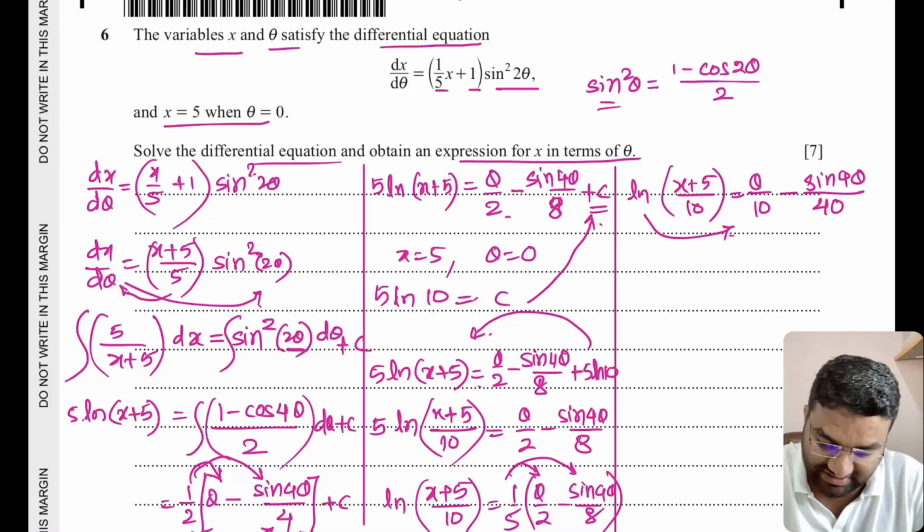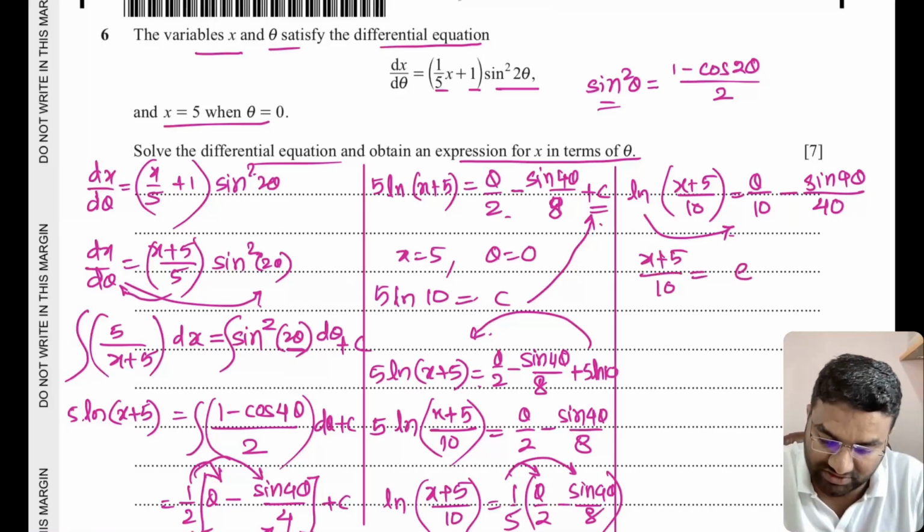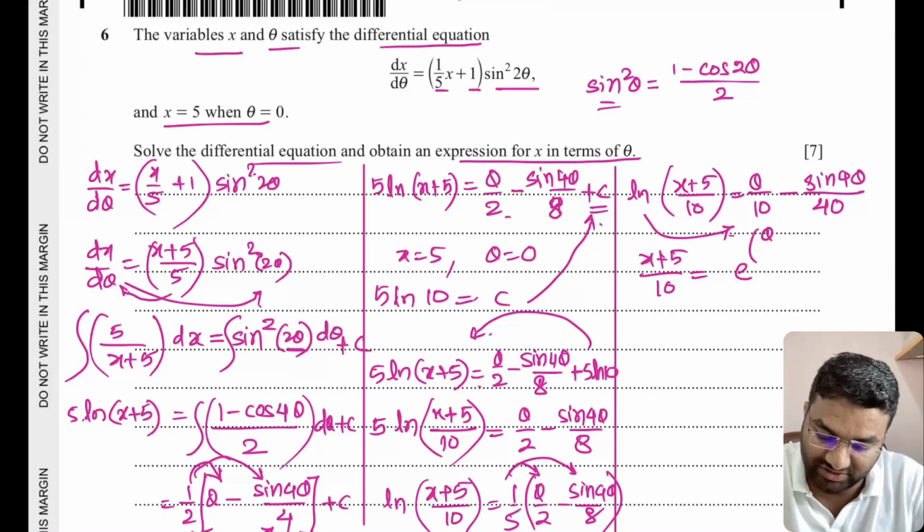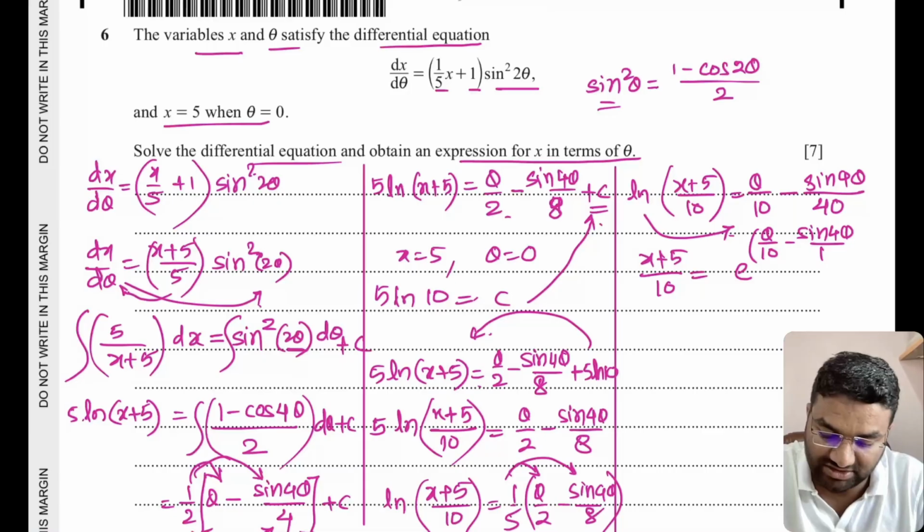So x plus 5 upon 10 is equal to e to the power of the whole thing. So theta by 10 minus sine of 4 theta by 40, right? Now transfer this 10 to the right and 5 also to the right.